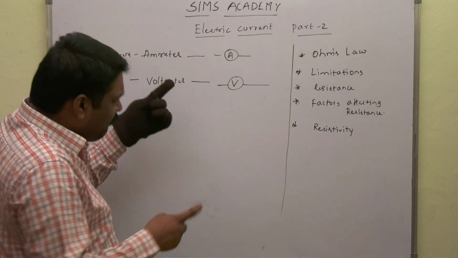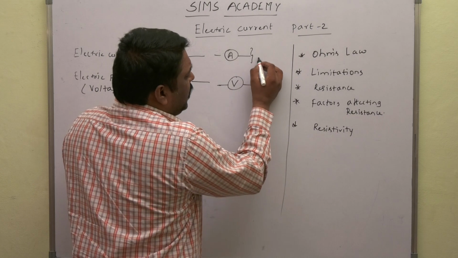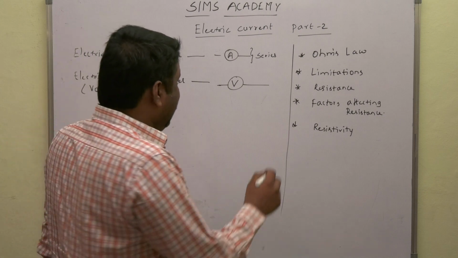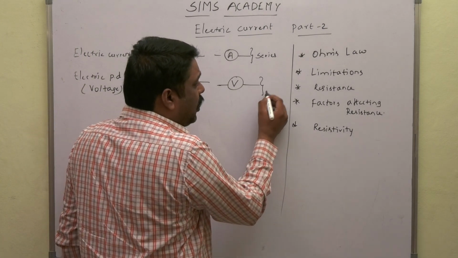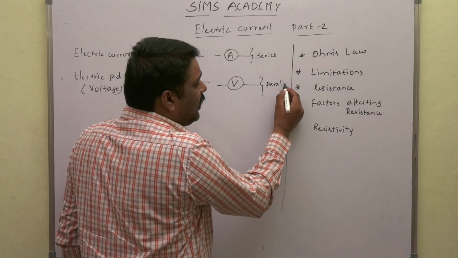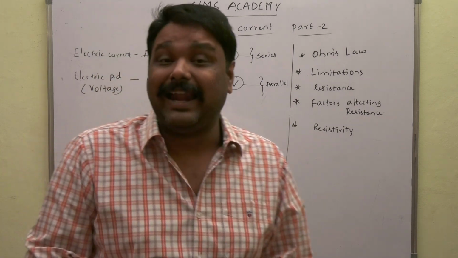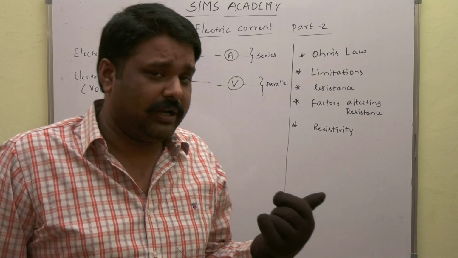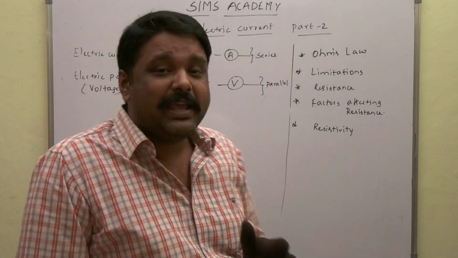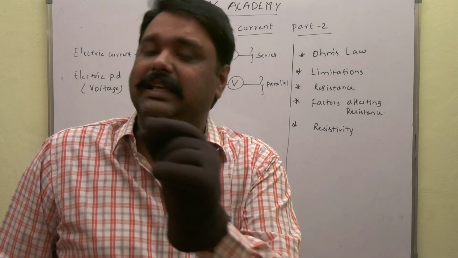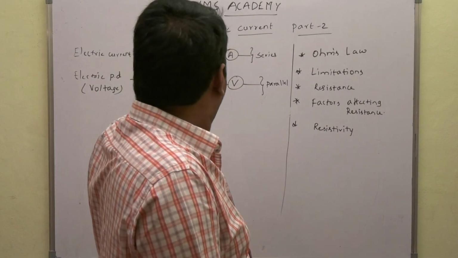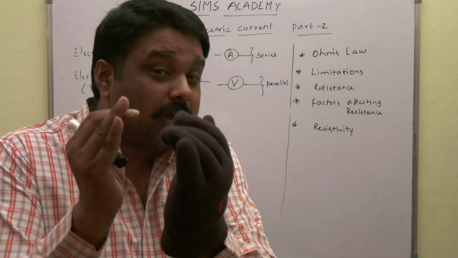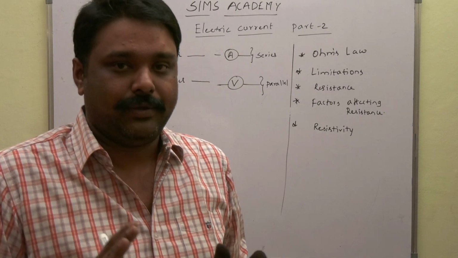And one more important thing, an ammeter should always be connected in series in the given circuit, and a voltmeter should always be connected in parallel to the given electric consumer or electrical resistance. Got it?